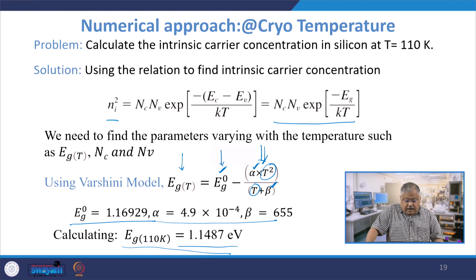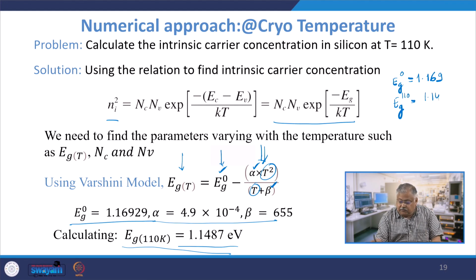As you can see, the Varshni model predicted it in a semi-empirical fashion, but even physically, Eg0 is 1.169 and Eg at 110 is approximately 1.148 or 9 maybe. It has fallen down.